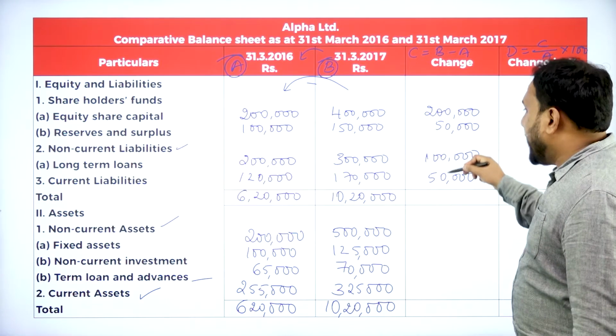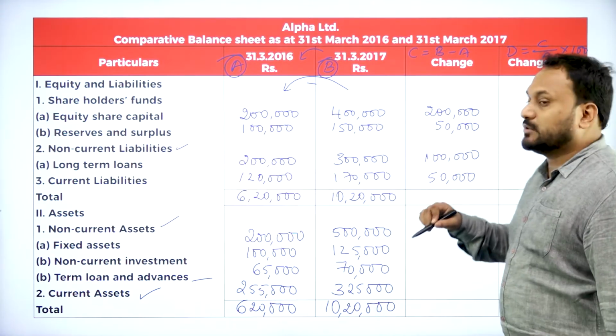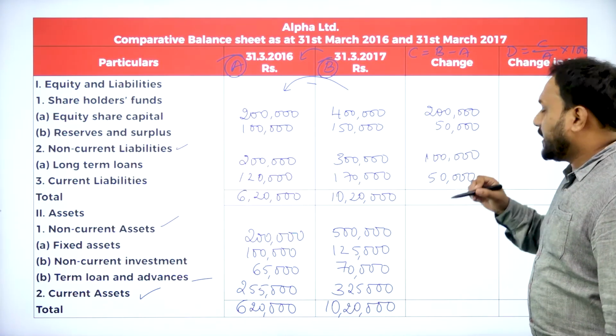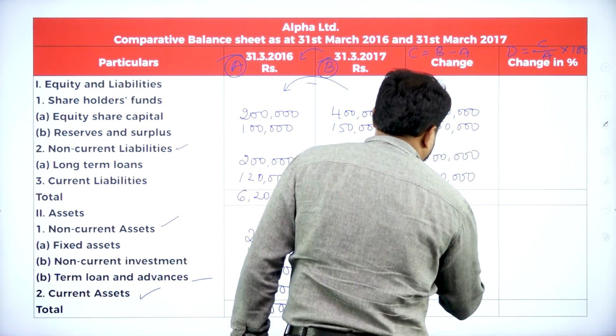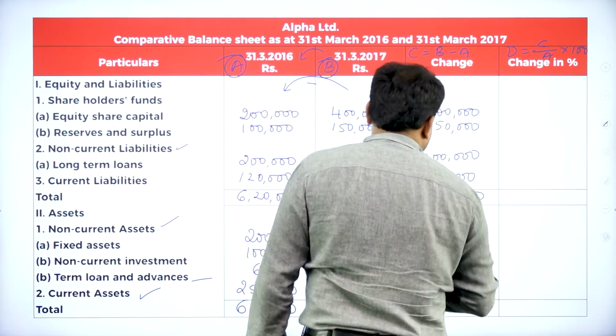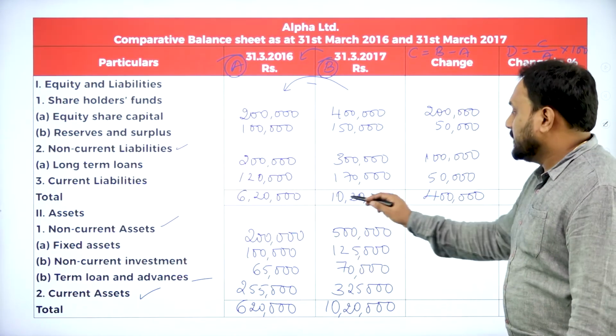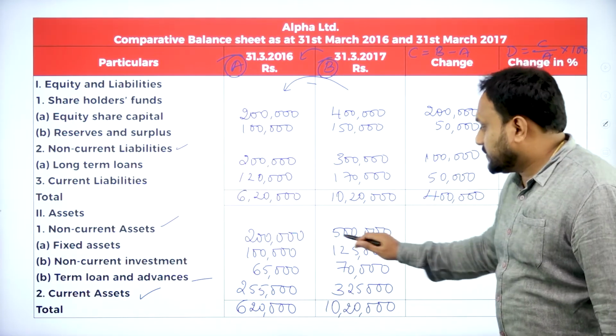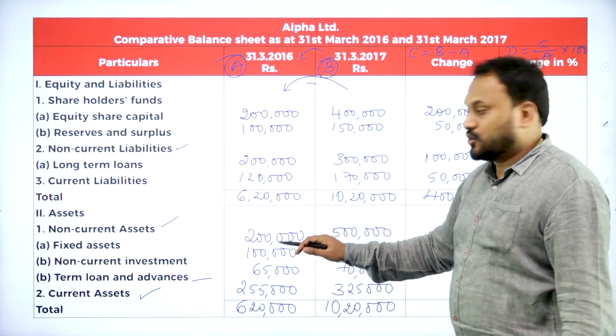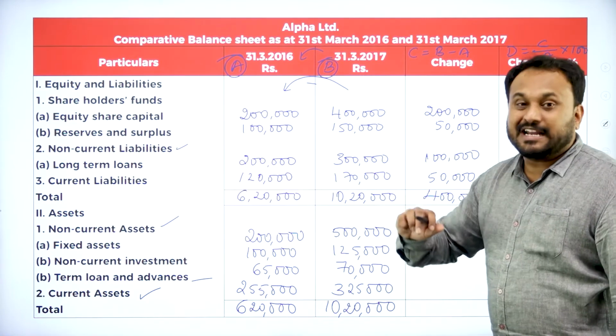Done. Now you add everything. 2 lakh plus 50 is 2 lakh 50, 3 lakh 50, then again you have 4 lakh. So you will be writing here 4 lakh. Now 10 lakh 20 minus 6 lakh 20 is how much? 4 lakh. Done.